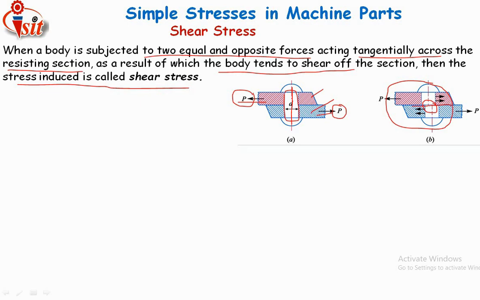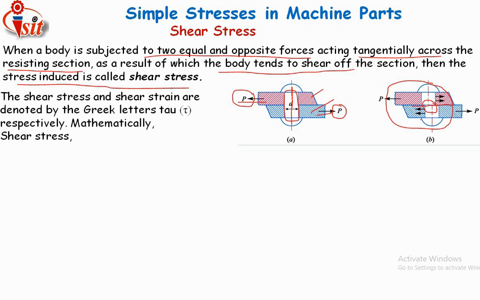So this is the resistance to breaking due to the application of load on these two plates. As these two plates are joined by a rivet of diameter small d, when these two equal and opposite forces act on the plates, the riveting section tries to shear off. Due to this phenomenon, the resistance offered by this section is the shear stress.